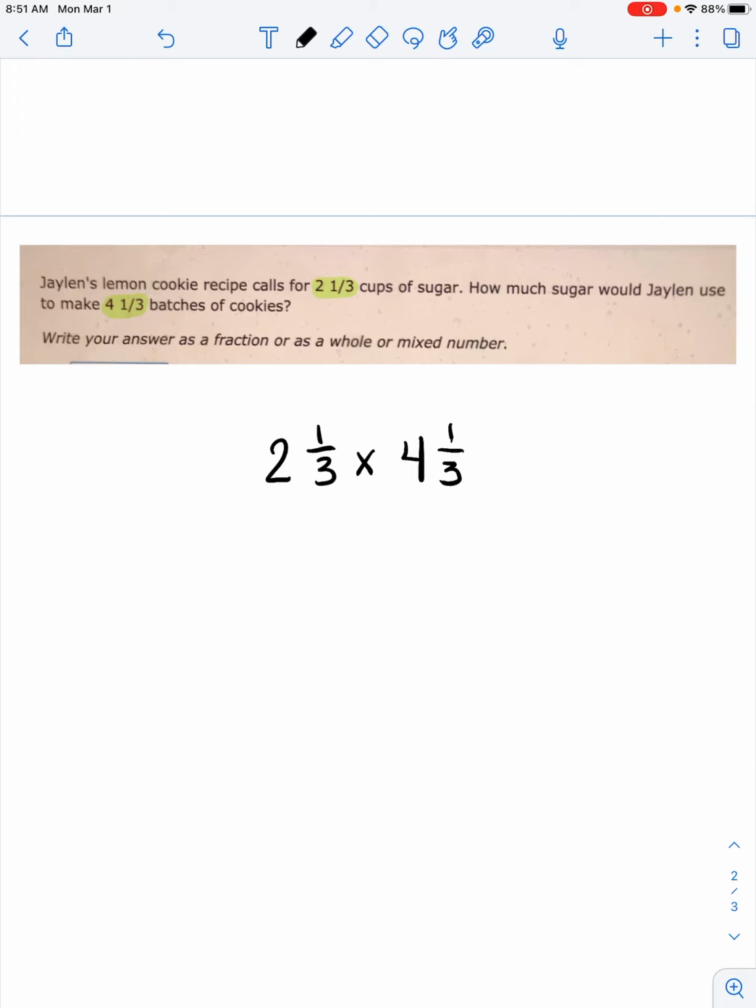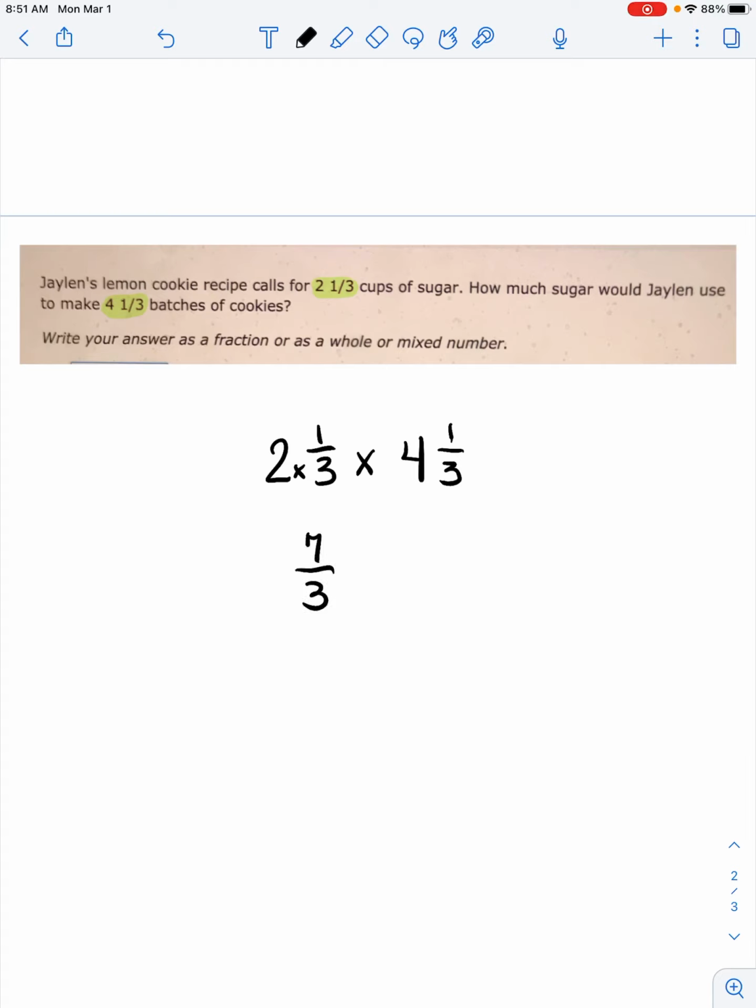Okay, how are we going to do this? We need to have fractions because we don't know how to multiply mixed numbers. I could actually tell you, but it's really complicated. So let's see, we're going to change 2 and 1/3. How many thirds are in 2 and 1/3? Well, 2 times 3 is 6, plus 1 is 7.